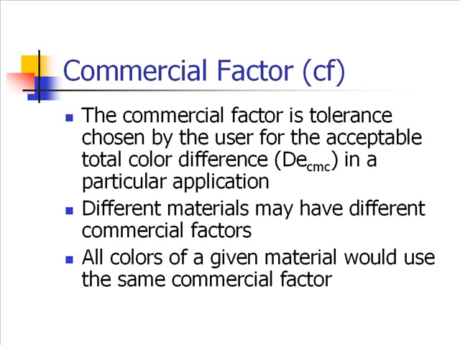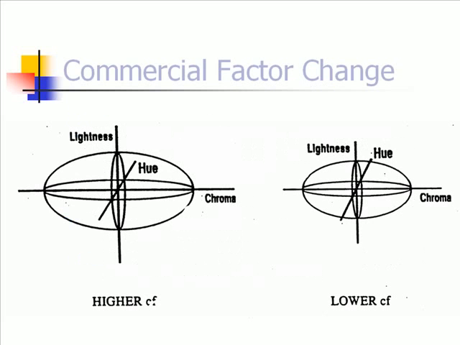Different materials may have different commercial factors, but all colors of a given material would use the same commercial factor. So basically, how big does our tolerance volume need to be for this particular product? And once you set it, we can go back to using one number to say whether it passes or fails. If we have a higher commercial factor, we have a bigger volume.